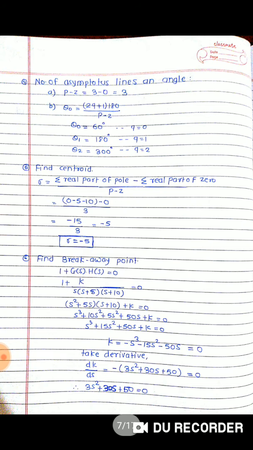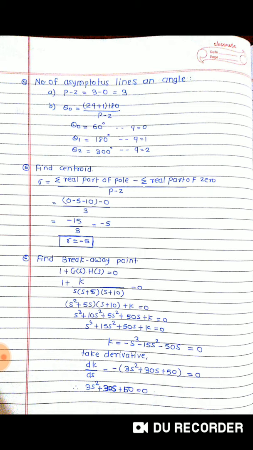Then the next step is to find how many asymptote lines there are and the angle for every line. First, the number of asymptote lines is P minus Z, which is 3 poles minus 0 zeros, equal to 3.